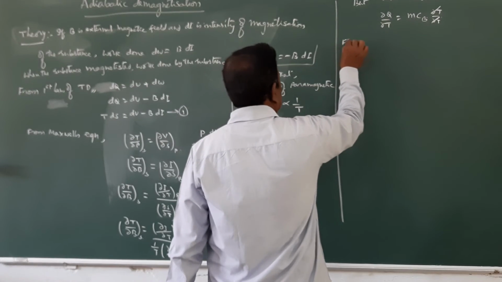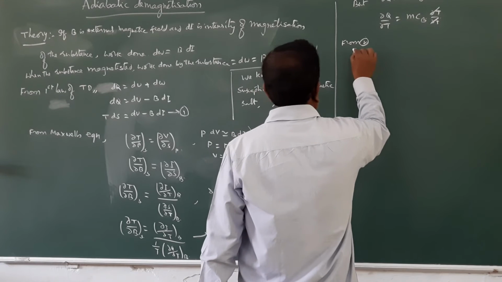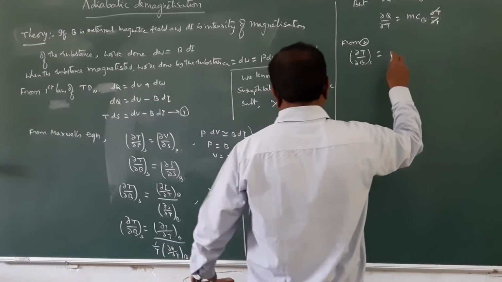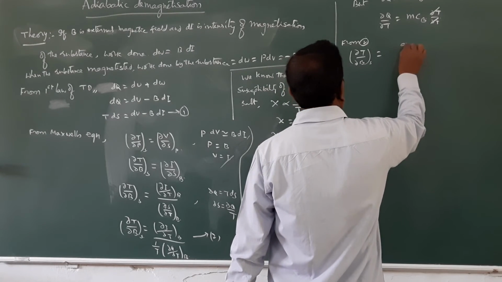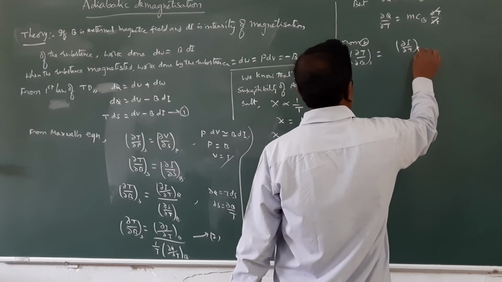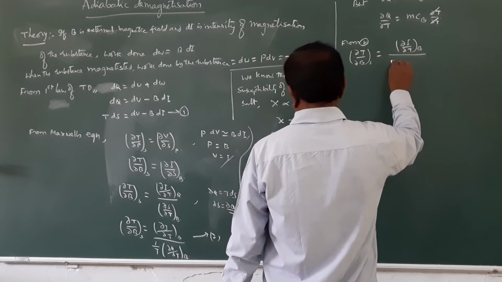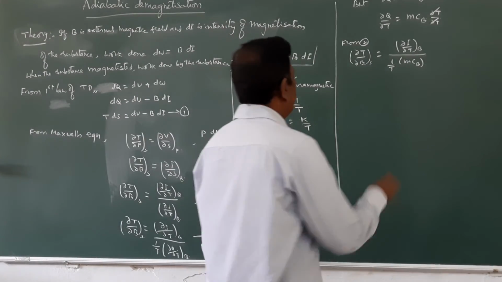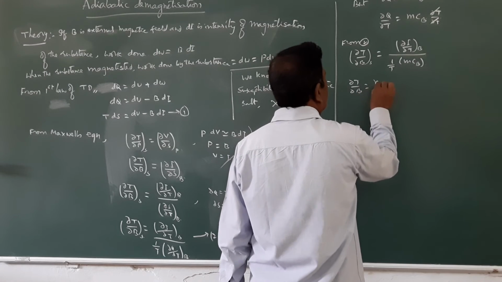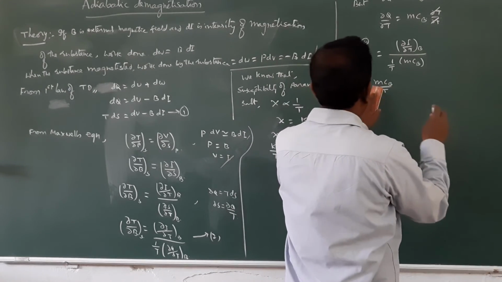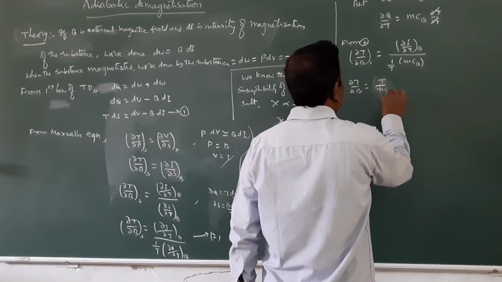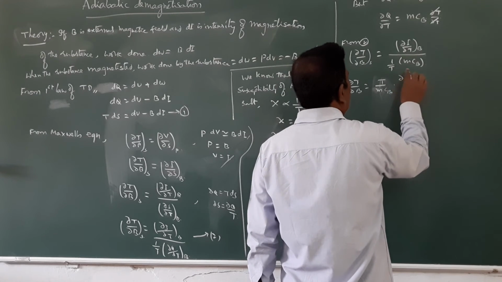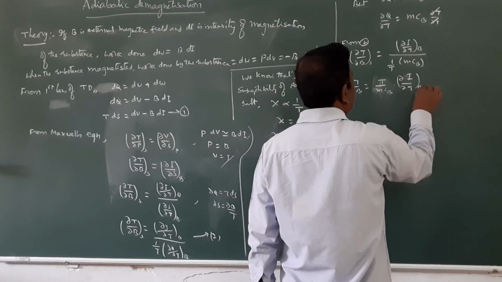Therefore, from 2, ∂T/∂B at constant entropy is equal to ∂I/∂T at constant B divided by mCb by T, or in other way, ∂T/∂B is equal to T divided by mCb times ∂I/∂T at constant B. For 1 mole of gas, m is equal to 1.